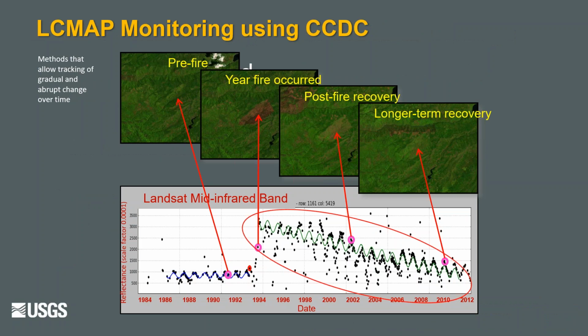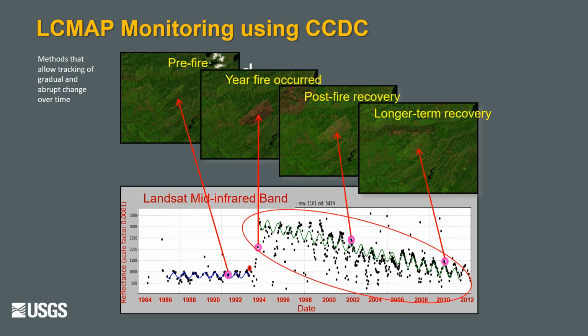So I'd like to show this slide that really is the essential look at one pixel and what one pixel does through time. In this example, we have a pre-fire forest situation where it was healthy, everything was going fine, then there was a fire, and then we had some post-fire recovery, and it continued on.